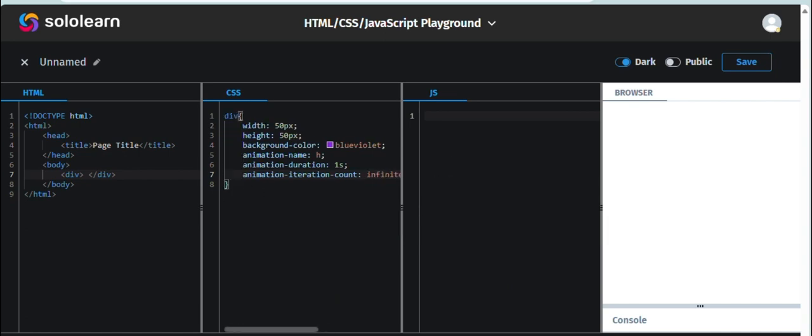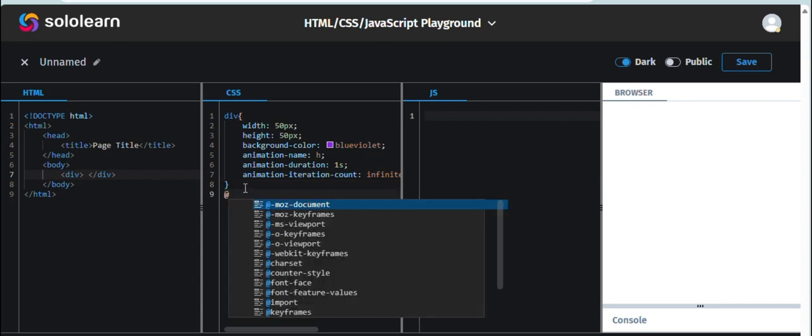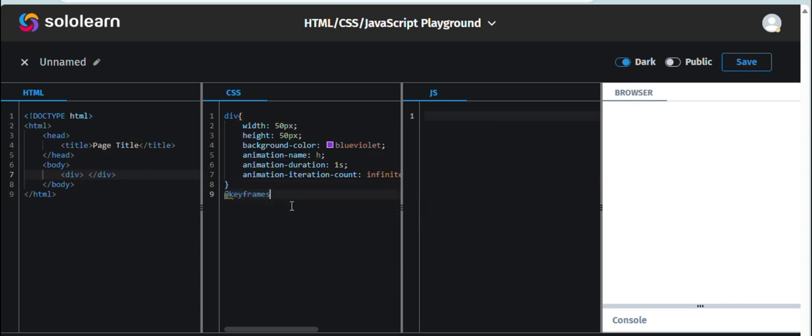So, first, I'll give you a quiz. What's the title? At keyframes. I probably shouldn't have said keyframes. And then the animation name. And then we write something: from and to, and what do we write in here?